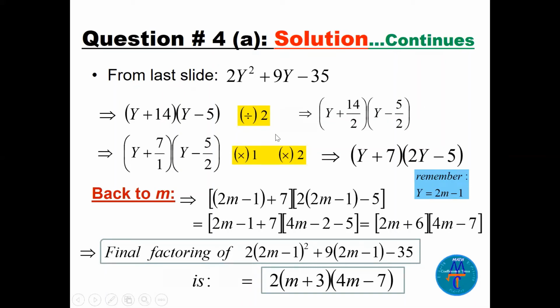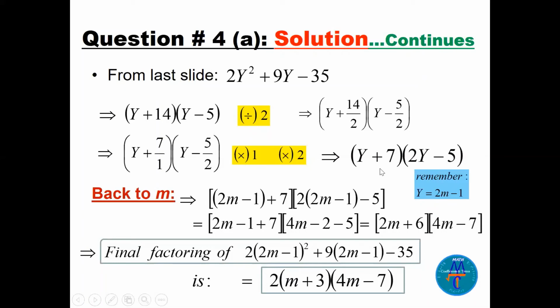Now let's simplify one more step. Divide by 2 here, 7 over 1. Here nothing to divide, nothing to simplify, just leave it. Now look at the denominator is 1, so we multiply by 1, so it becomes y plus 7. The second one, there is a fraction here 2, multiply by 2, so we get 2y minus 5.